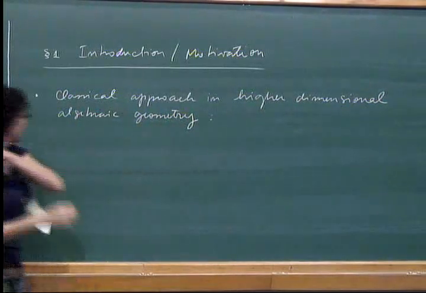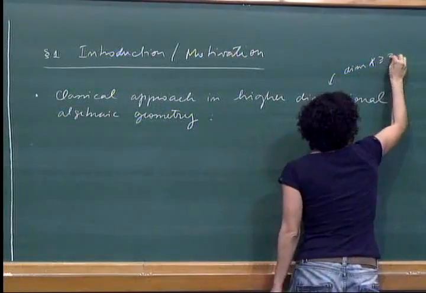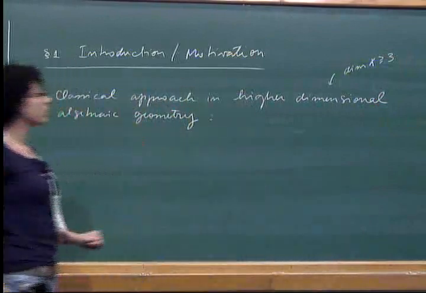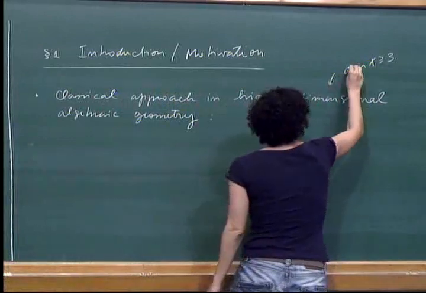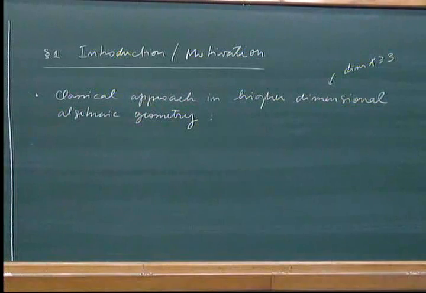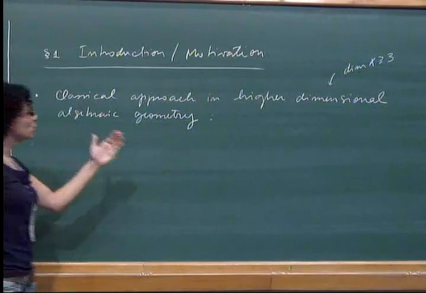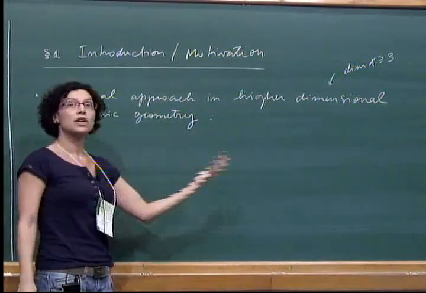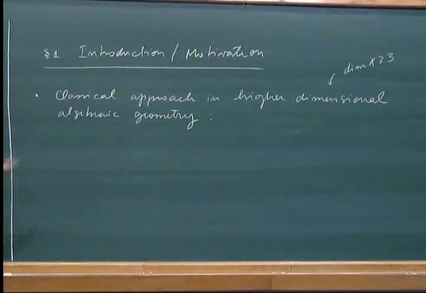Higher dimensional means that the dimension is at least 3. This also works for surfaces, but it's very important in higher dimension. You want to study varieties of higher dimension. They are much more complicated, for instance, than curves. So the classical approach is, in order to study the variety X, you study the properties of families of curves on X. And since curves are easier to understand than higher dimensional varieties, you expect that you have a better chance by doing so.